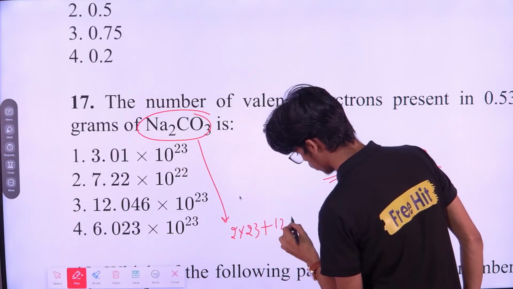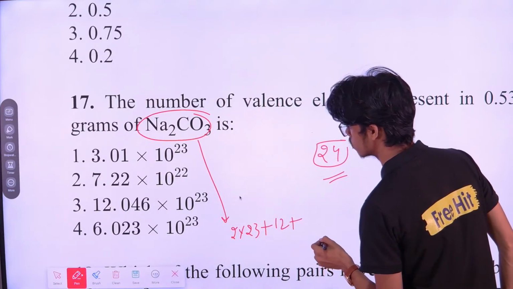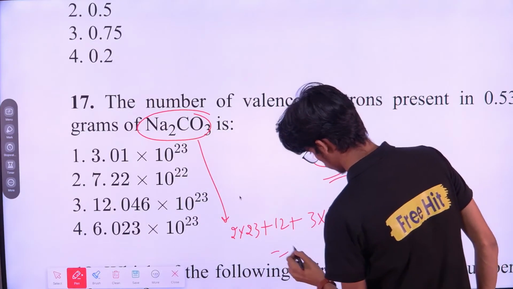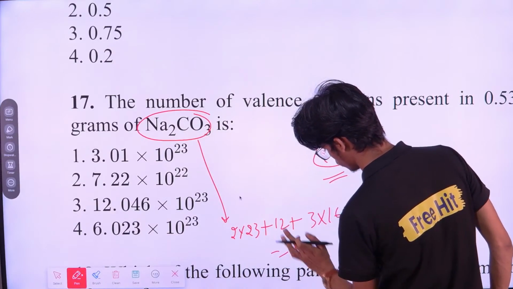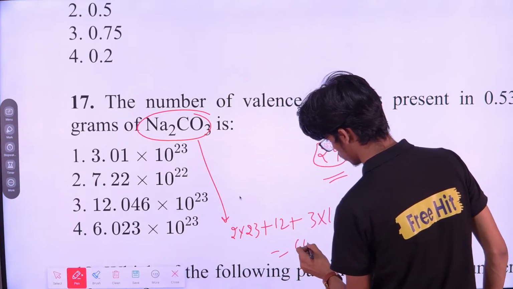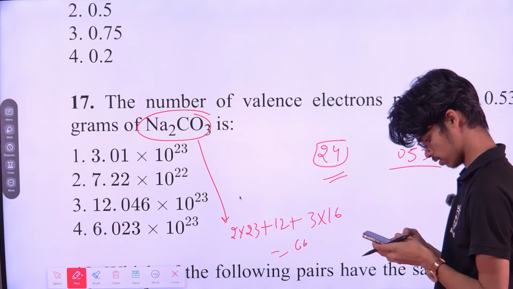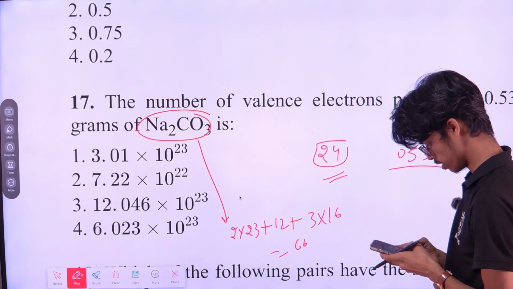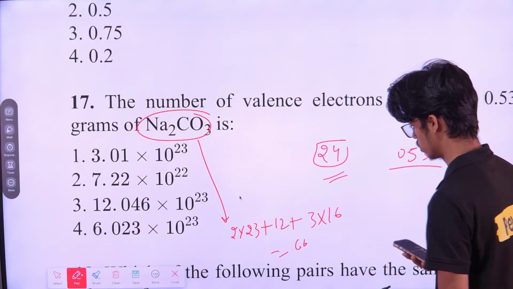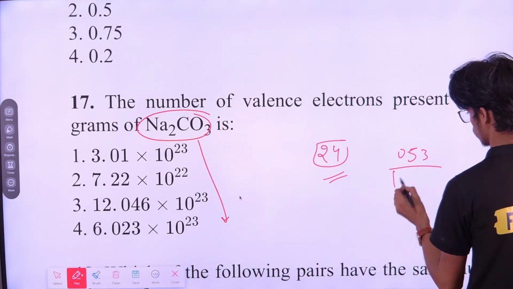Carbon is 12, oxygen is 16. 2 into 23 plus 12 plus 3 into 16, 48, that is 106. Total molecular weight is 106.